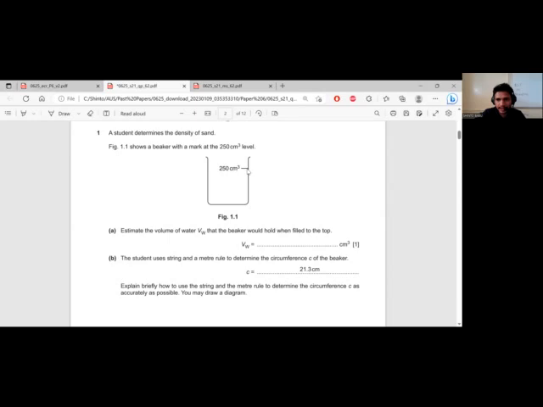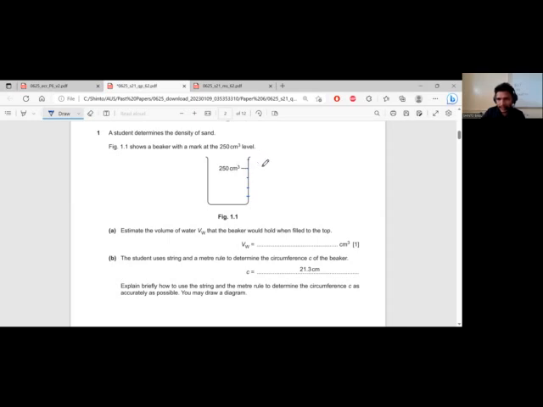So until here, the volume of this beaker that you have taken is 250 centimeter cube. So when it is completely filled, you have to guess what the volume is going to be. And you can see that if we divide this almost equally into 4 parts, each of these smaller divisions will be like 50 centimeter cube.